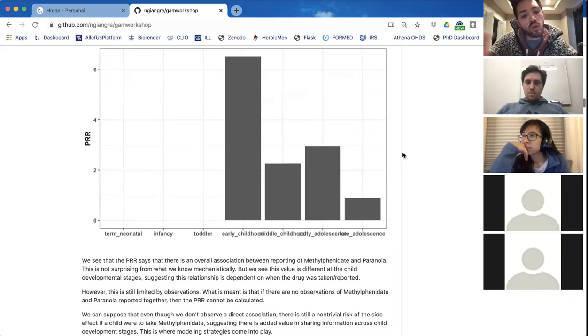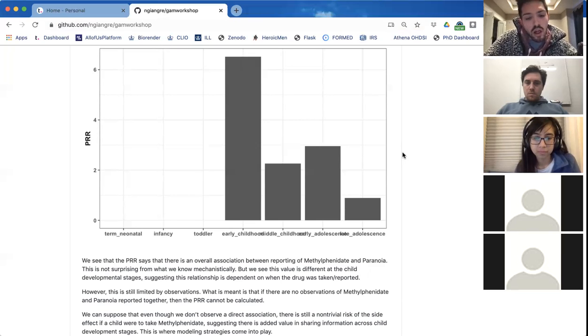However, this is still limited by the observations here, the reports, like Jocelyn mentioned, and there are other factors that can compound and bias the associations you want to compute with the observations as is, relative to the marketing of the methylphenidate, relative to who reported it, the type of adverse event, the formulation of the drug, and all those kinds of things that you want to take into account at some point in your analyses.